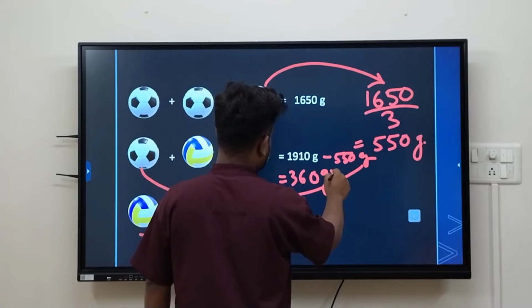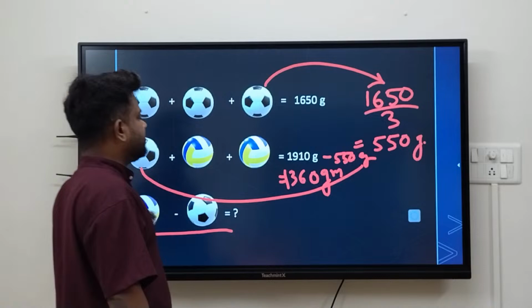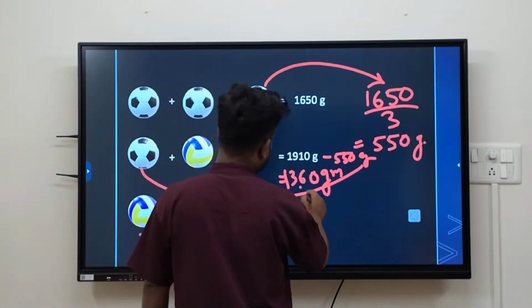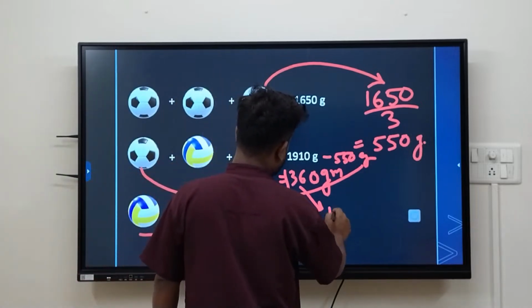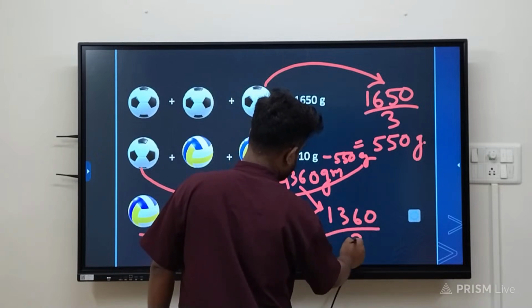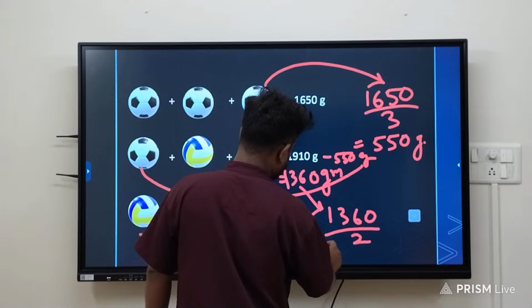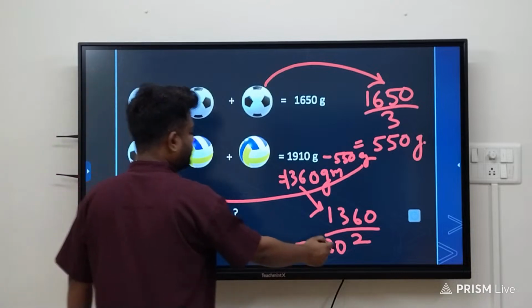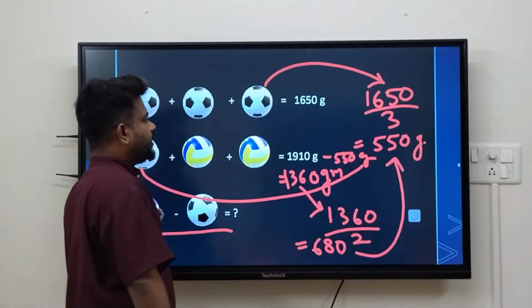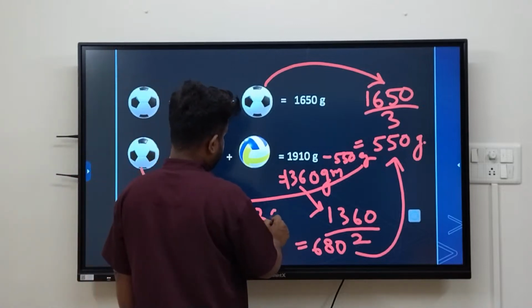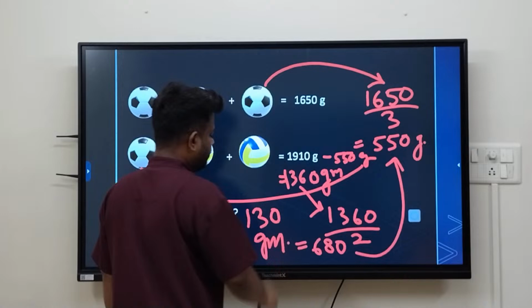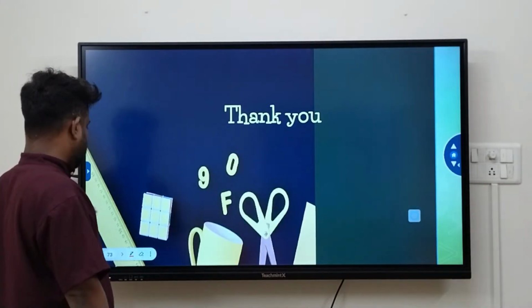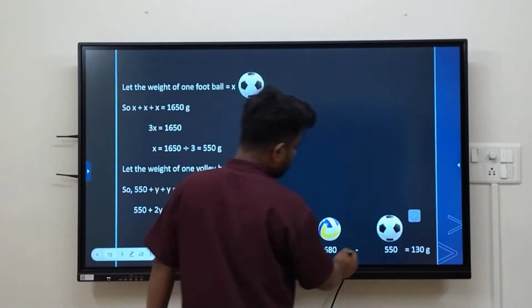It will be 1360 grams. Okay, so if two balls weigh 1360 grams, then each ball will weigh 680 grams. So if we subtract these two, the answer will be 130 grams. These will be the answers. Okay. Yes, it's 130 grams.